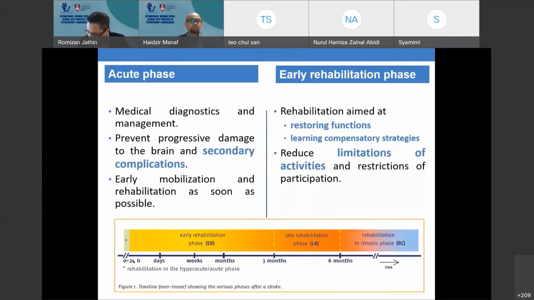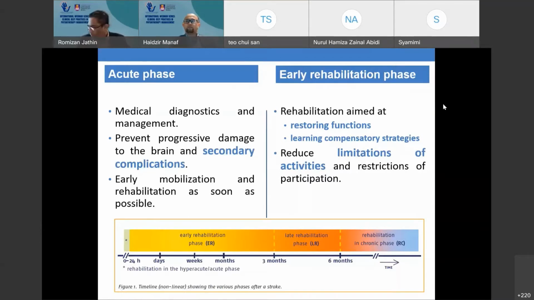Most of the recovery takes place during the first days to months. The first phase will be the acute phase. This phase is characterized by medical diagnostics and medical management in order to prevent progressive damage to the brain and also to prevent secondary complications. The second phase is the early rehabilitation phase.